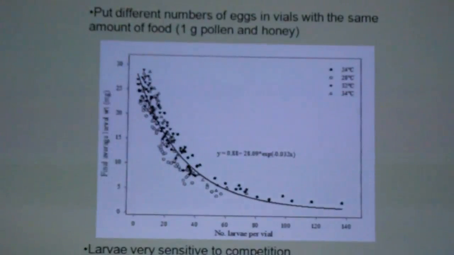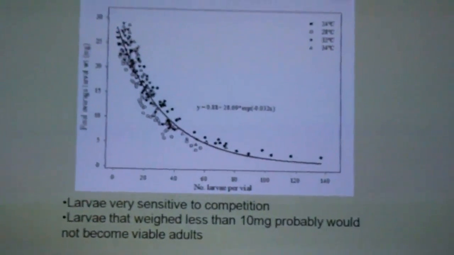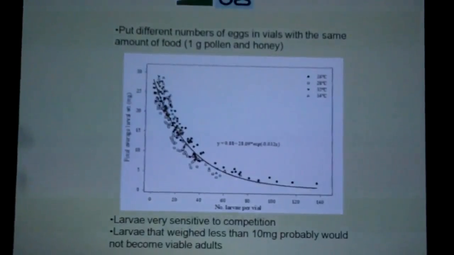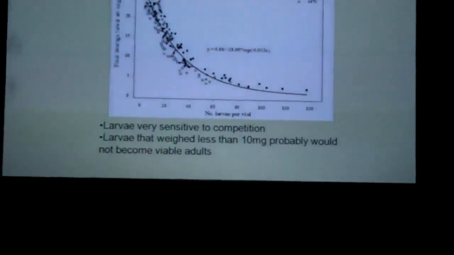This is a graph that just shows the relationship of beetle numbers to beetle growth. And the y-axis in this case is the number of beetles that we put into a vial, the number of eggs. Okay? So as you increase the number of eggs, on the y-axis is how much the beetle larvae weigh.